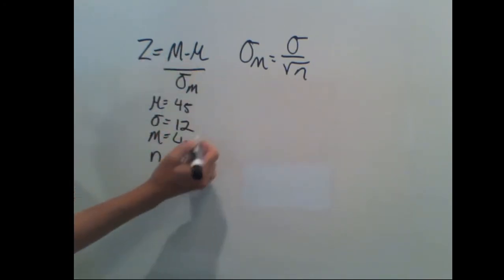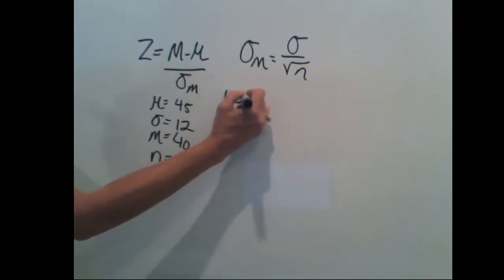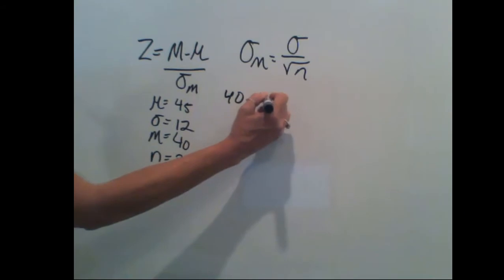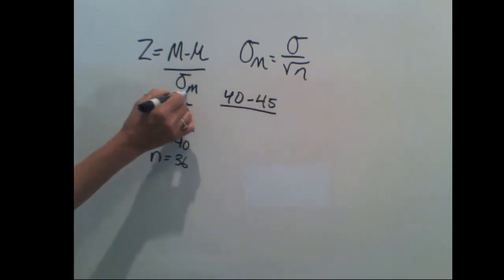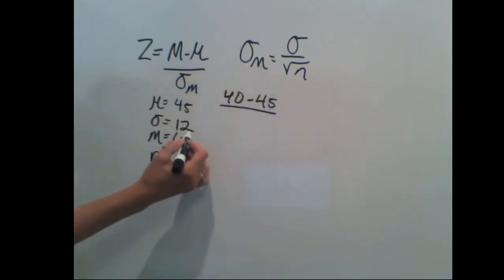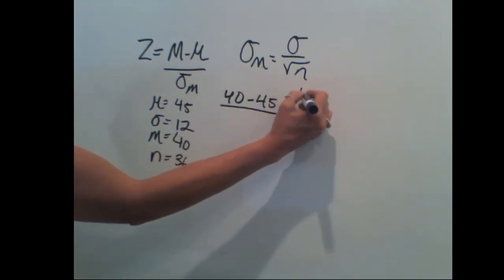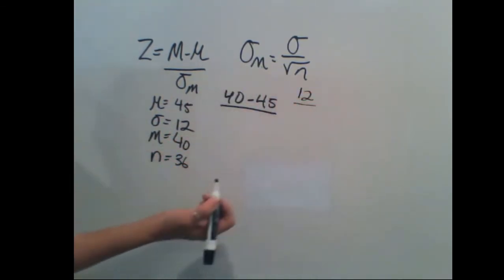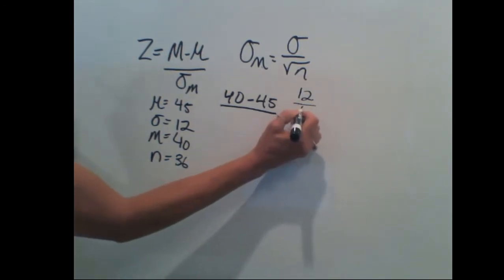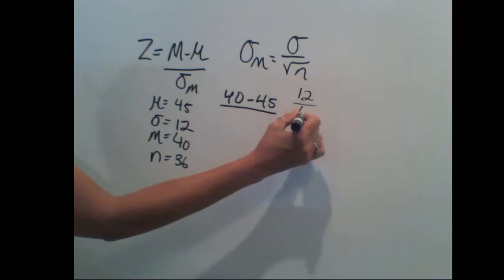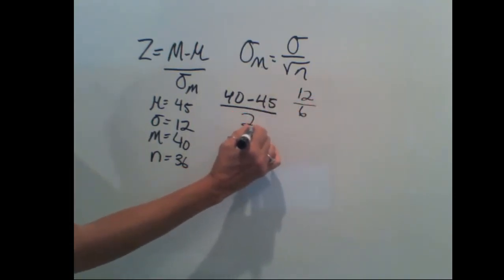So our mean was 40, and the population mean was 45. We need to divide that by the standard error of the mean, which is over here. So to figure that out, the standard deviation was 12, and the square root of n, square root of 36, is 6. So our standard error is 6 goes into 12, which makes it 2.